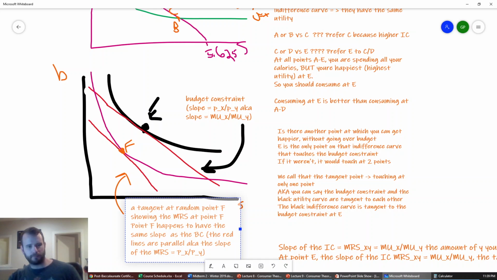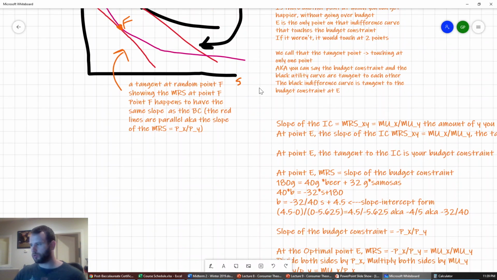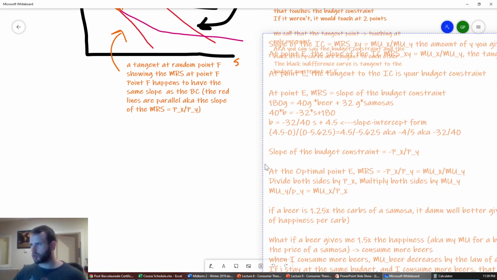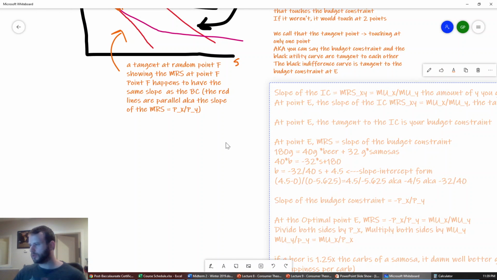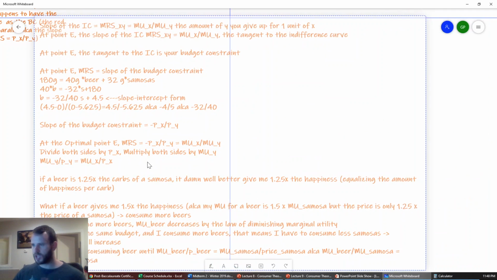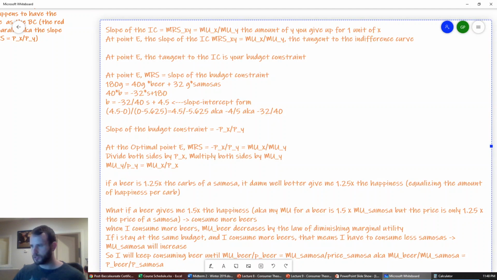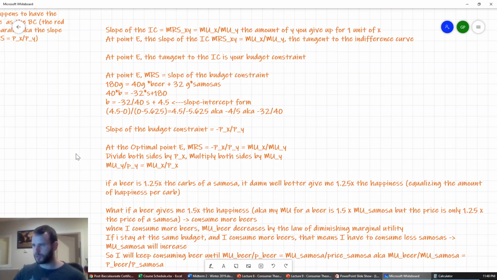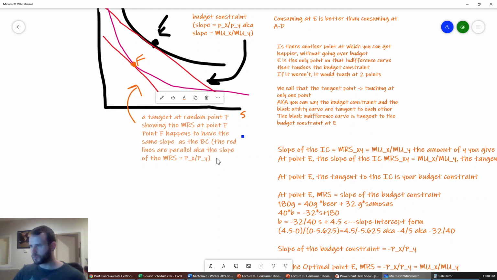So this actually will satisfy the rule that I call the bang for buck rule, the equal marginal utility per dollar spent rule. So at this point, this is true: MUy divided by Py equals MUx divided by Px. Point F satisfies this.